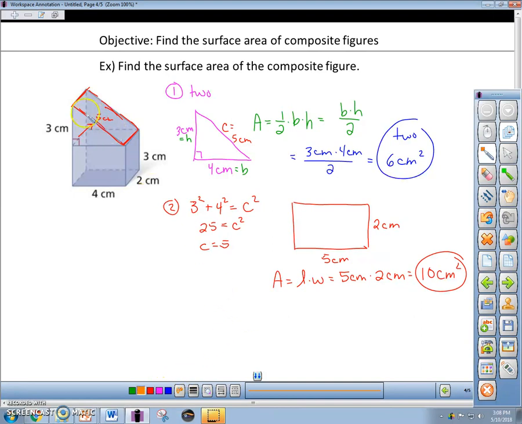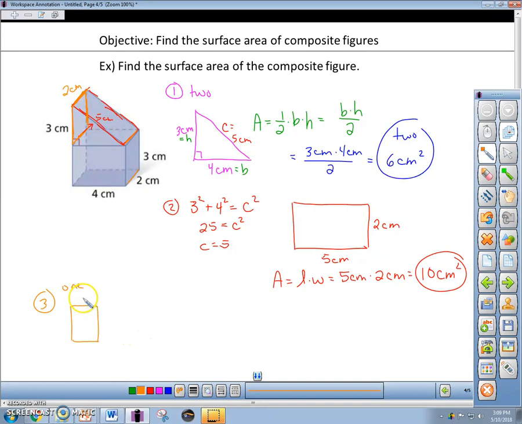All right, so next we have this rectangle in the back. This edge again is 3 centimeters. This edge up here is parallel to this edge, which is parallel to that edge. So that's another 2 centimeter measurement. We only have one of those rectangles.